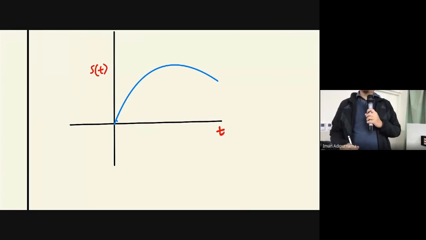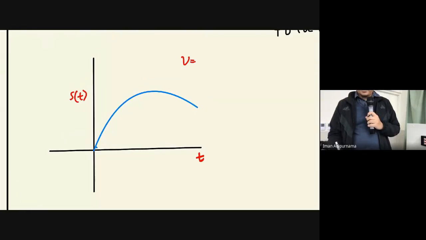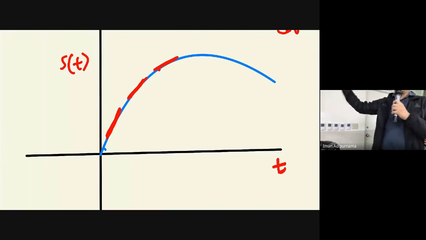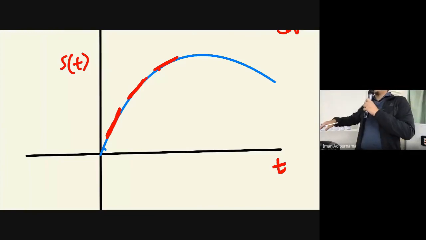What does the tangent line at each point mean? Velocity, right? So we define our velocity by this. From here, this point has this tangent, and at the second point it's getting horizontal.